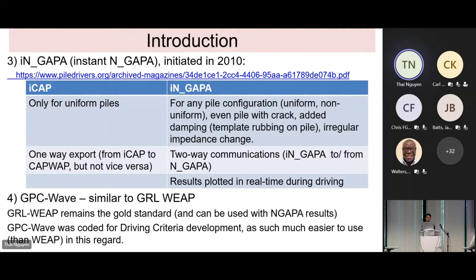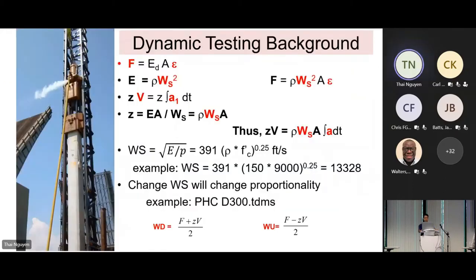And as such, as you can see later on, it's much easier to use to develop driving criteria than whip. So some background here, this portion would be pretty fast. It's for people already familiar with dynamic load testing. Whoever is a beginner would need to research this.